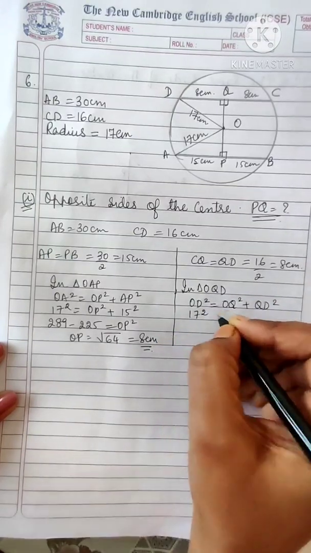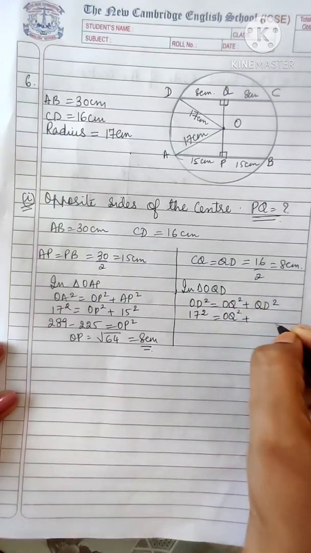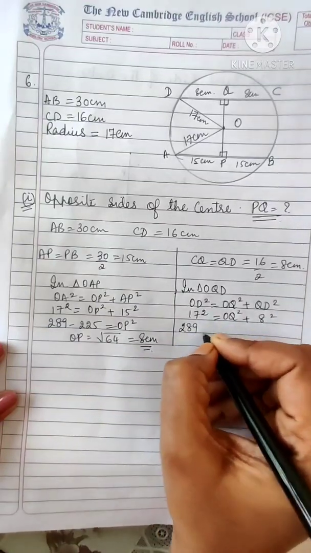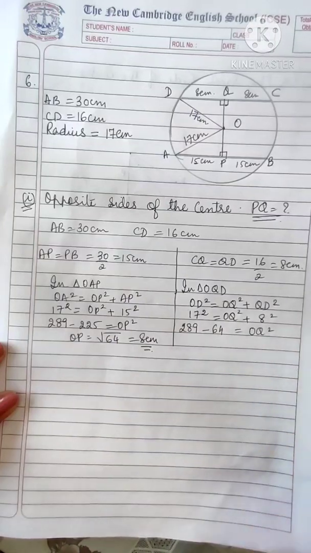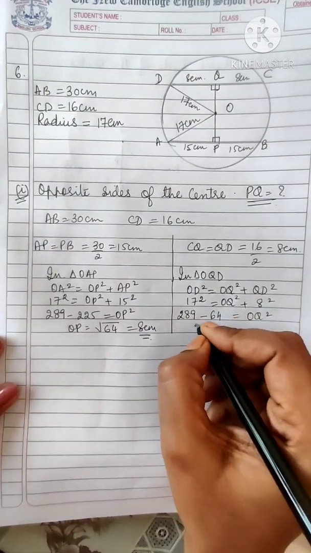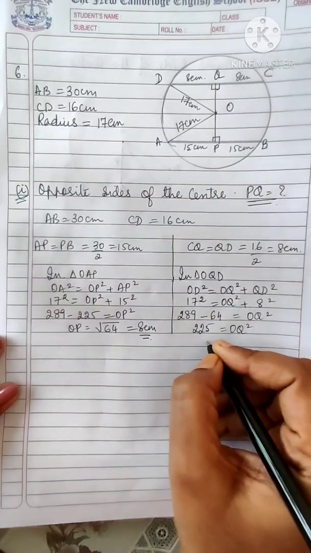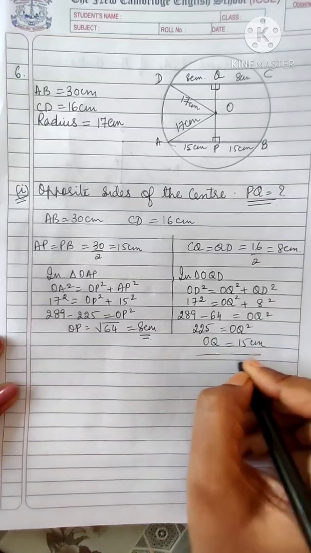OD is your radius, 17 square is equal to OQ square plus 8 square. 289 minus 64 is equal to OQ square. This is 225 and therefore OQ will be equal to 15 centimeter.